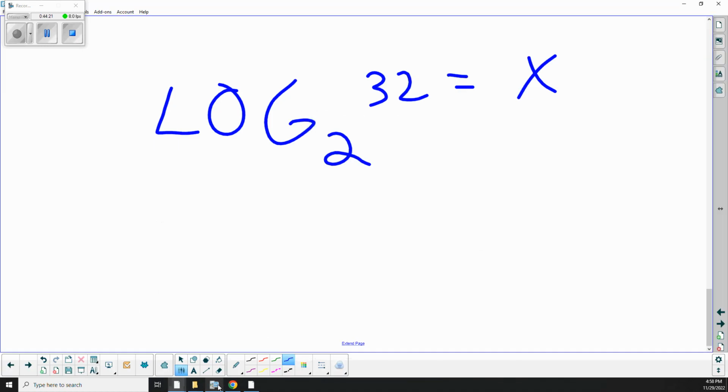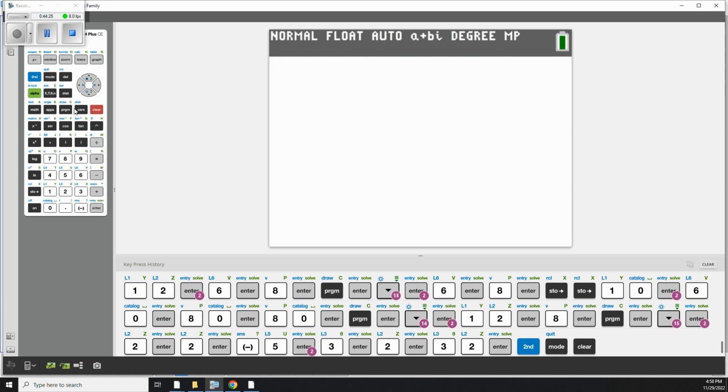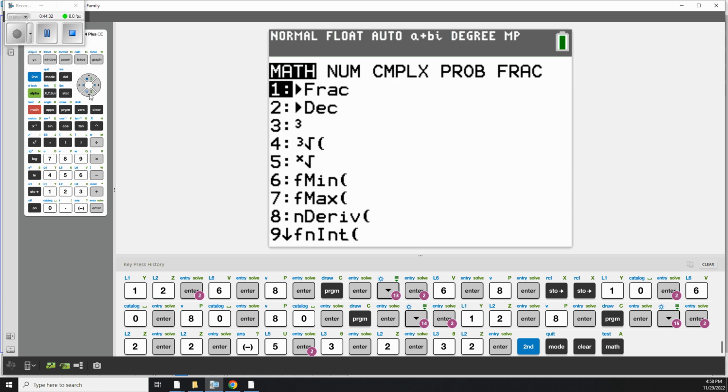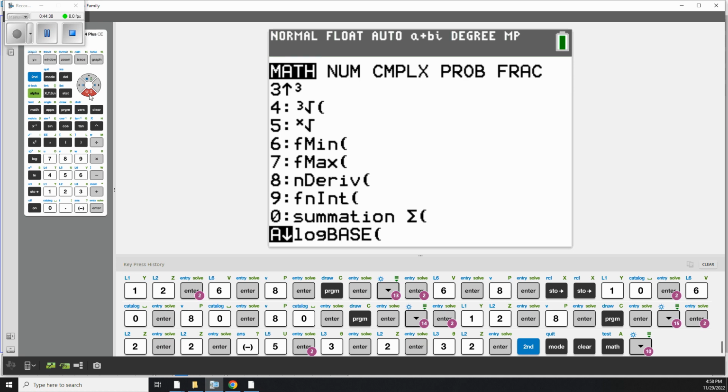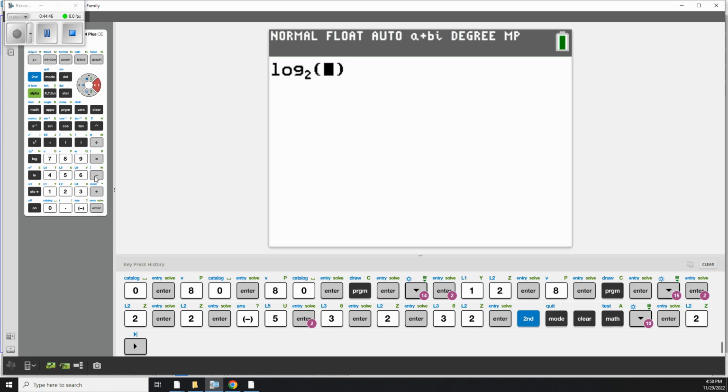I better show you log base anywho. It's under math. Hit math and go down again. Look how they hide stuff from you. Log base. And look at what it does. So you could have done that problem without me.